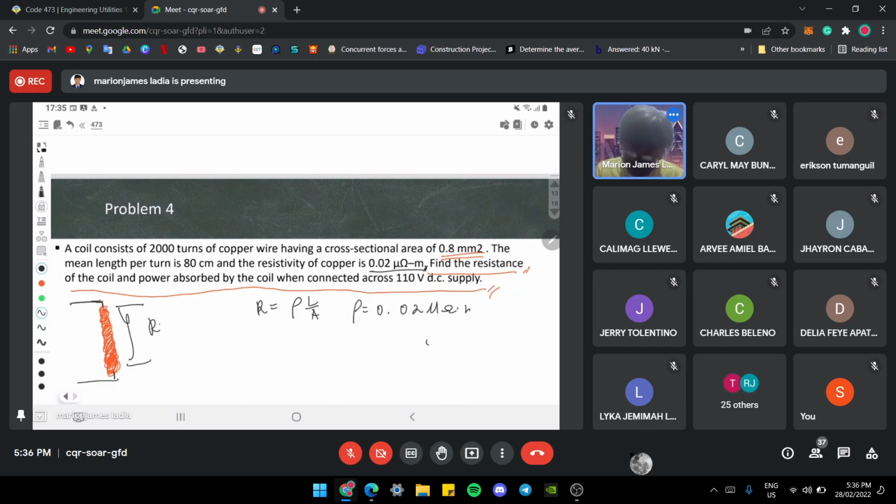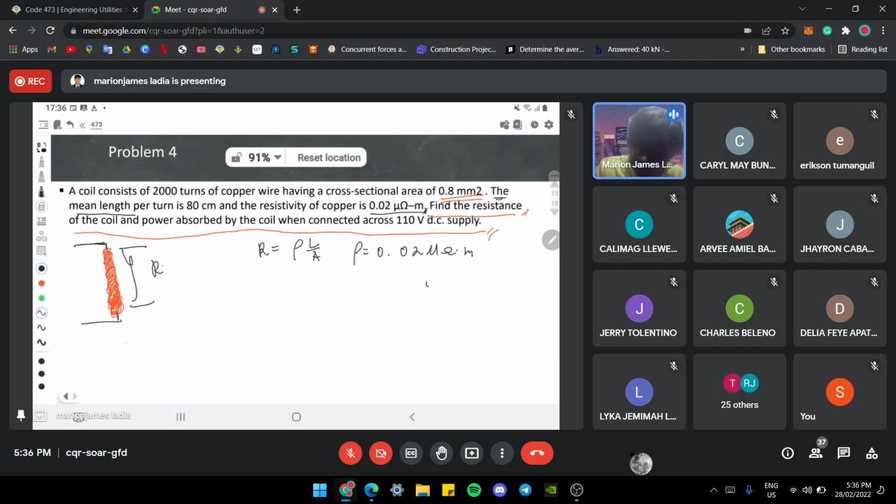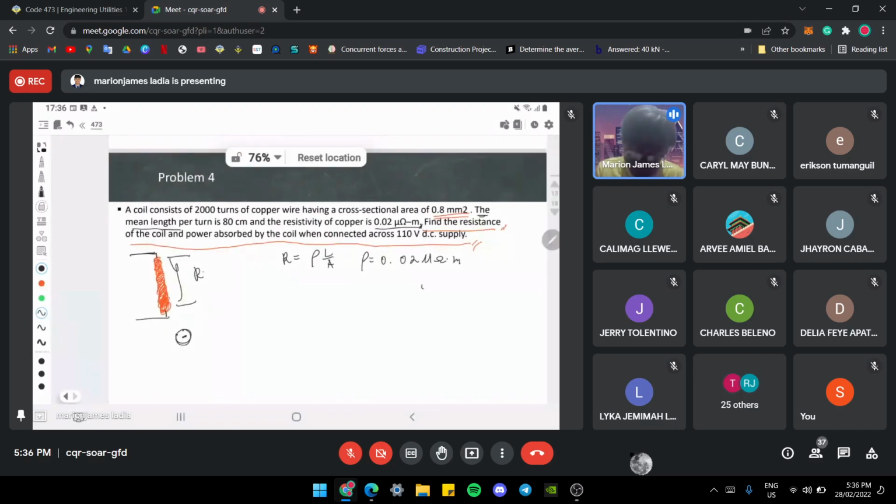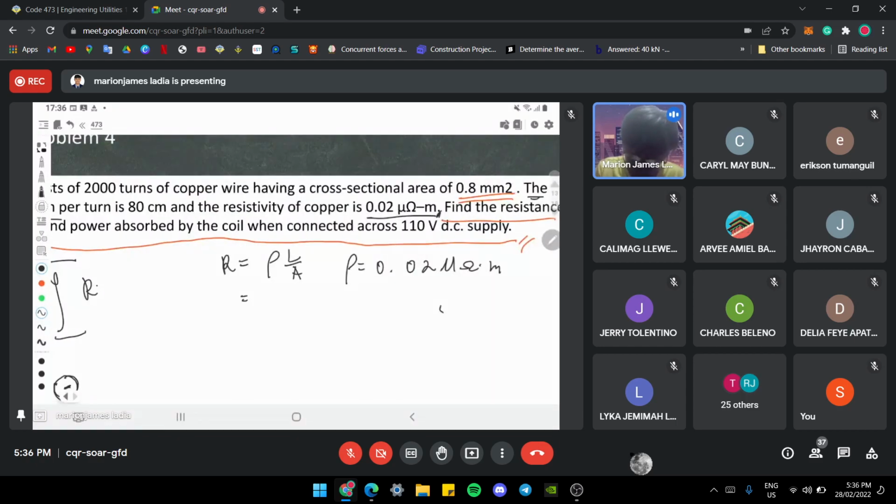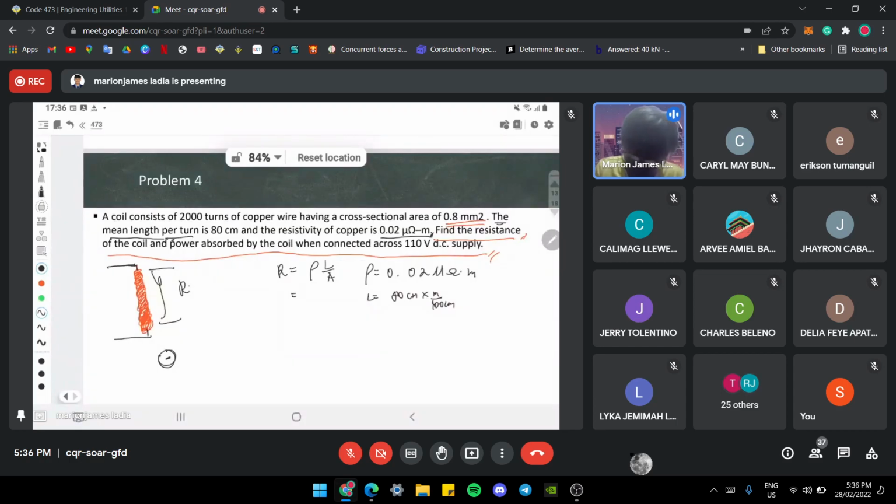microohm meter. Next, we have our mean length. Mean length, ibig sabihin yung length sa gitna. Pag sinabi ko kasing mean, ibig sabihin pag ito yung cross section mo, ito yung tinutukoy niya, yung nasa gitna. Okay? So yung mean length per turn is 80 centimeter. So mean length per turn is equal to, so length natin, 80 centimeter multiplied by meter all over 100 centimeter per turn.